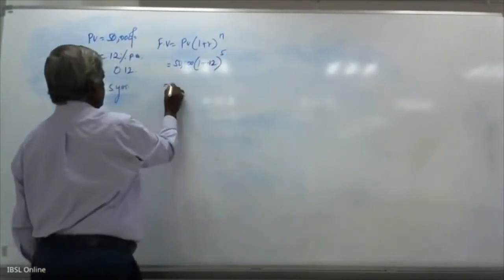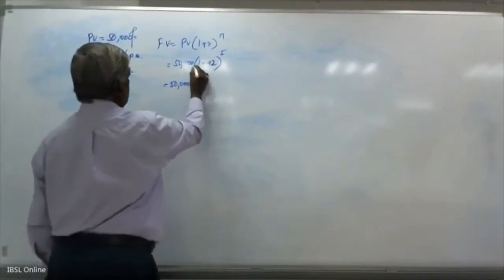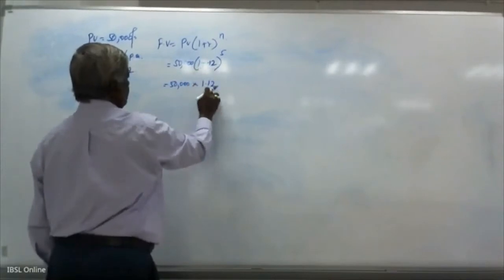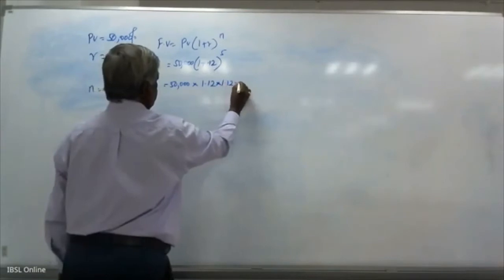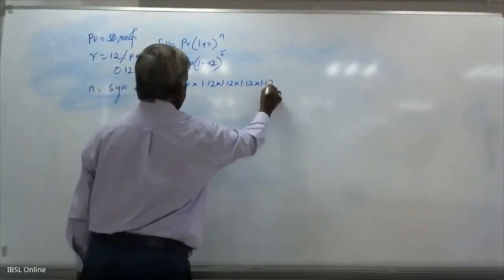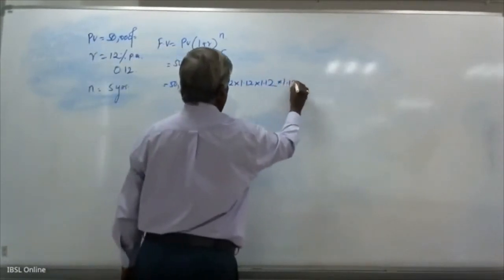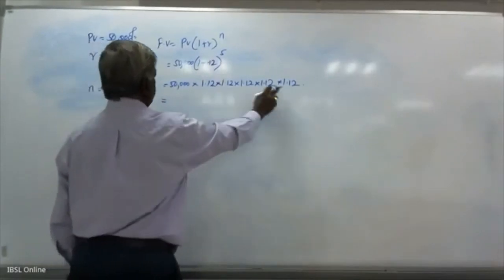So this is equal to 50,000 into 1.12, which is 1 plus 0.12, into 1.12 into 1.12 into 1.12 into 1.12, five times. First we calculate this.